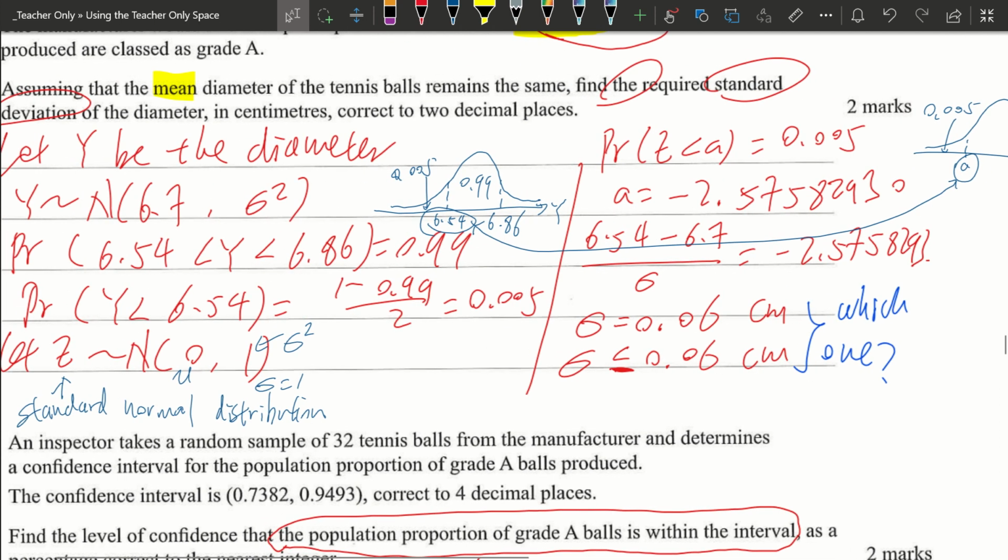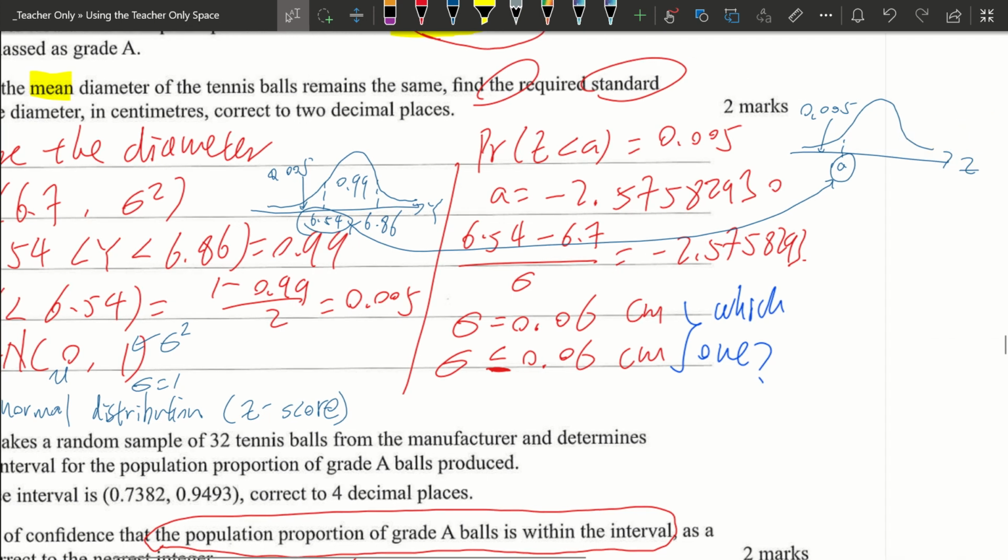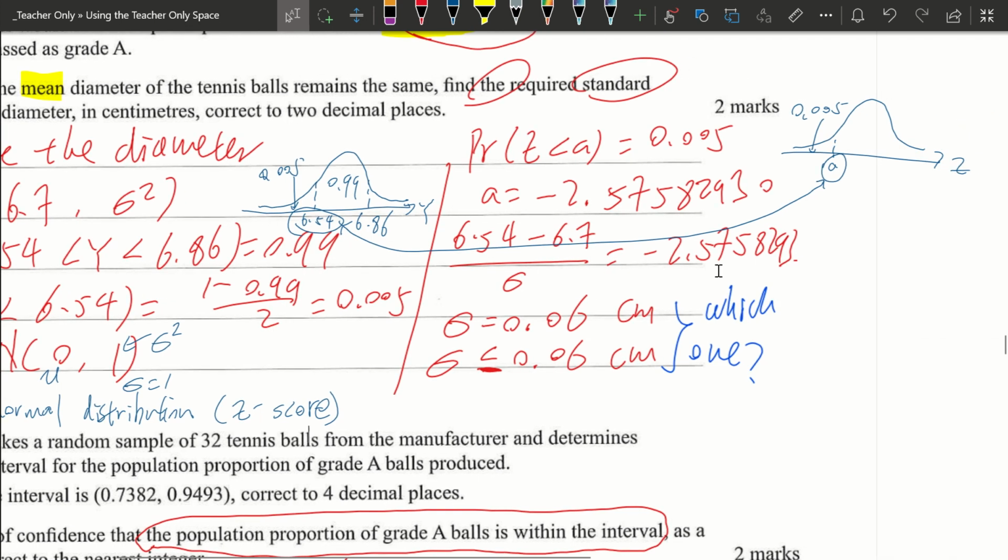So the Z score measures the distance from a data point to the mean, in terms of the number of standard deviations. So if we take 6.54 minus the mean, divided by the standard deviation of the y variable, it is equal to the Z score. In this case, it's negative 2.5758293.